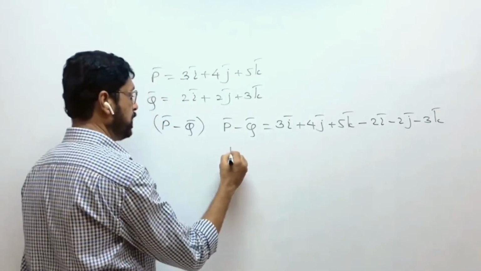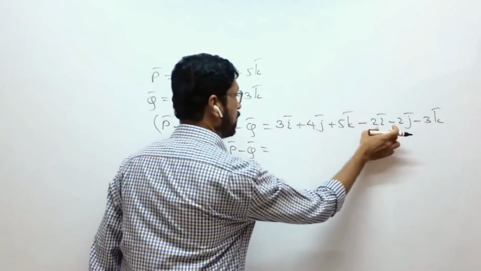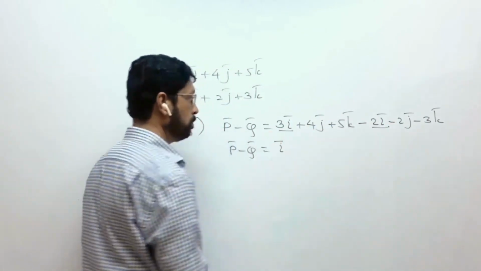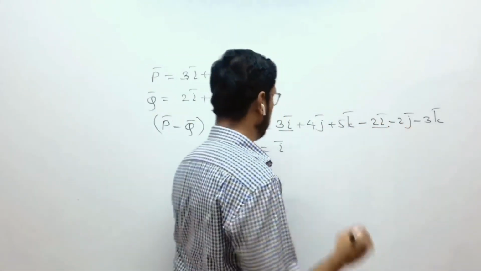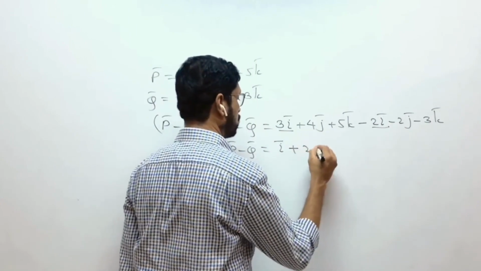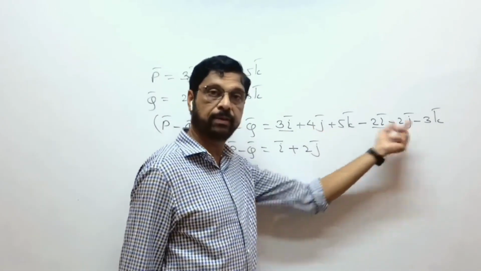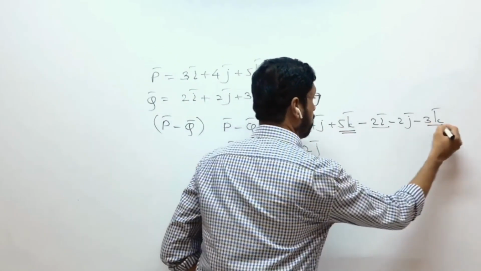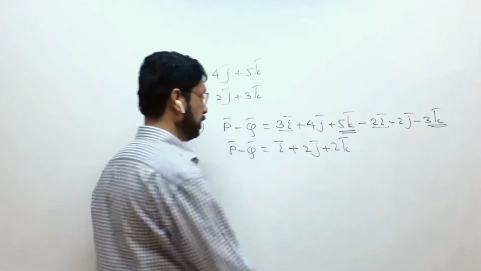So vector P minus Q is equal to 3I minus 2I, that is I. 4J minus 2J, that is plus 2J. 5K minus 3K is plus 2K.